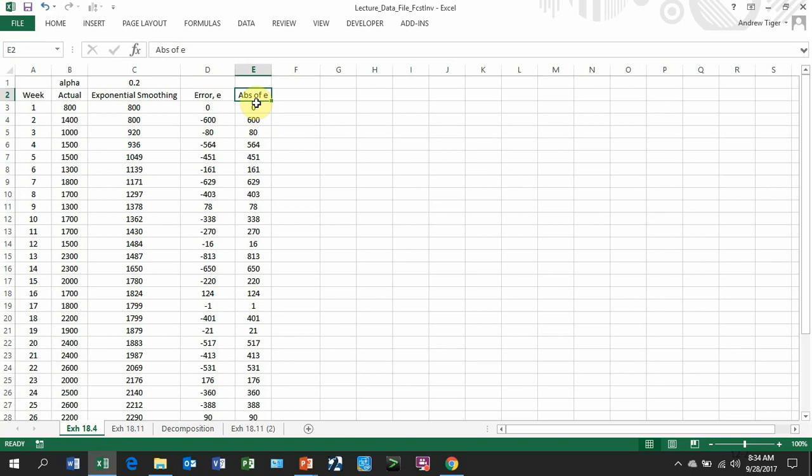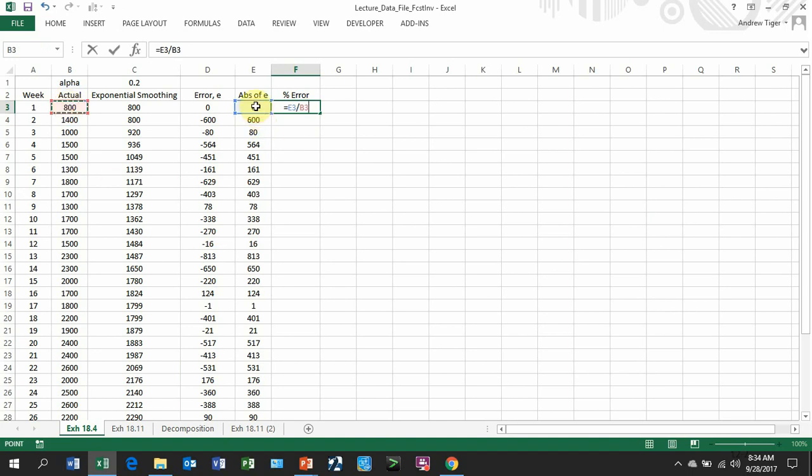Okay, now that's the absolute value of the error, but the percent error is what we're looking for. So how do we get a percent error? We take the error and divide by the actual. So we're looking at this from a relative standpoint.